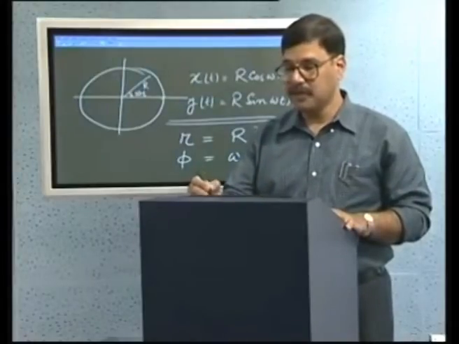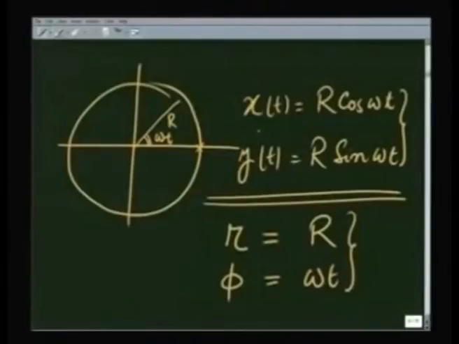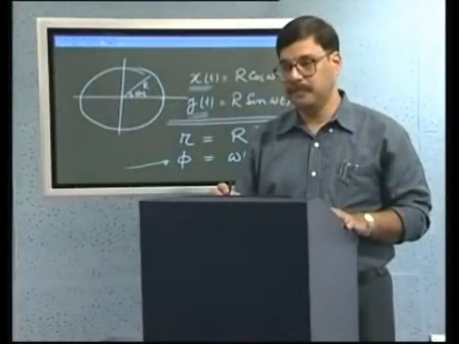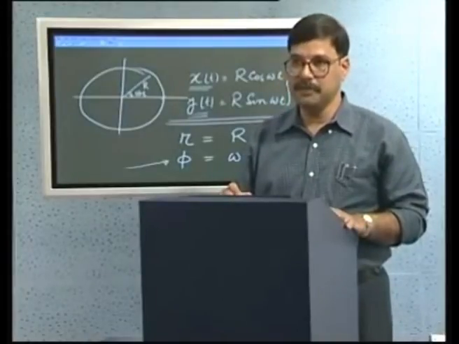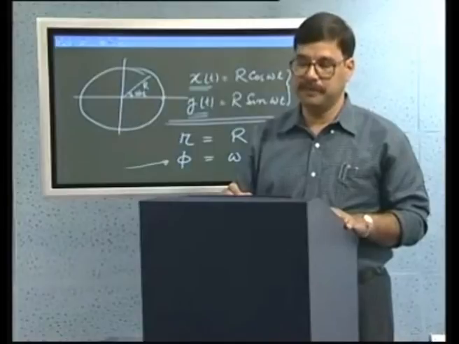In this case, both x and y are functions of time, whereas in this case only phi is a function of time, so that effectively the change of coordinate with time is in only one coordinate. This is known as planar polar coordinate system, and we are going to explore it further.